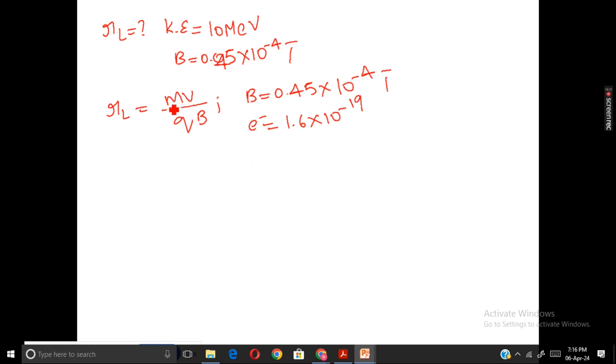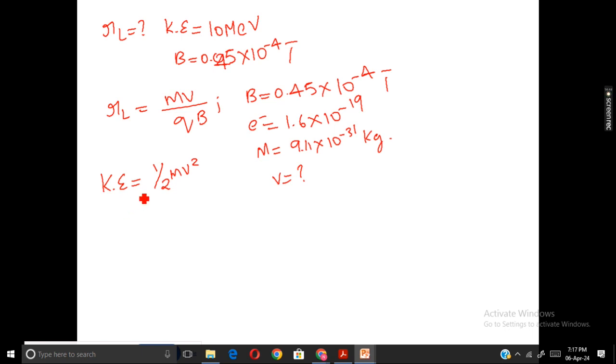And here we have mv. Kinetic energy is given. So kinetic energy is half mv square. m is also known to us since it is an electron. It is 9.11 into 10 raised to minus 31 kg. Right? So v is the only parameter which is missing here.